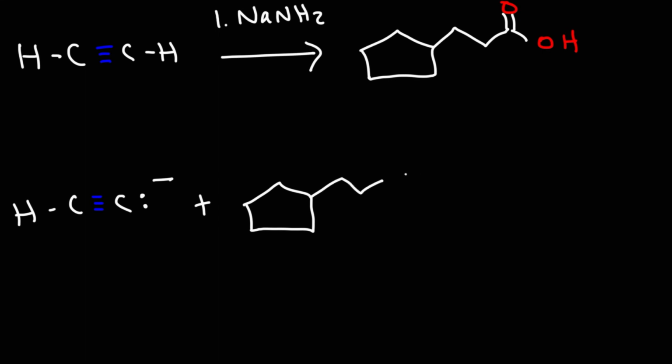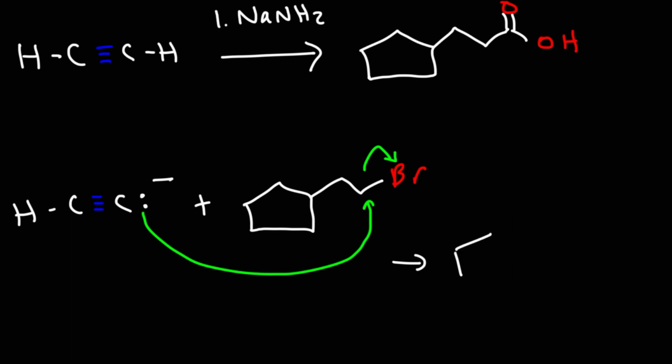And all we need is a leaving group, so we're going to add a bromine atom. Right now we have a primary alkyl halide, so this is good for an SN2 reaction. So this is going to attack from the back, kicking out the leaving group. And that's going to give us this structure here.